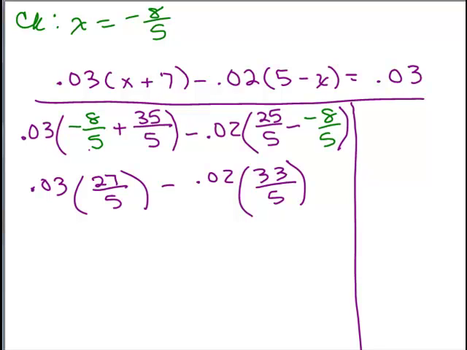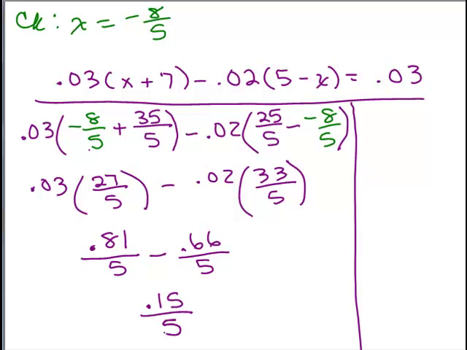It's really up to you. I'm going to just leave it as is, and I have 0.03 times 27. That's, let's see, 3 times 27 is 81, and then I have to move the decimal in, so I've got 0.81 over 5 minus, then I'm going to do 2 times 33, that's 66, that's over 5. So I've got to do 0.81 minus 0.66, that's 0.15 over 5.